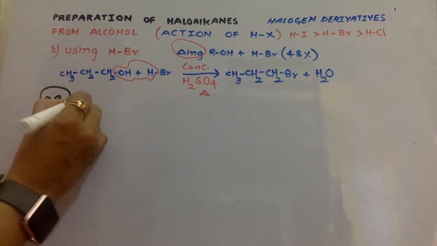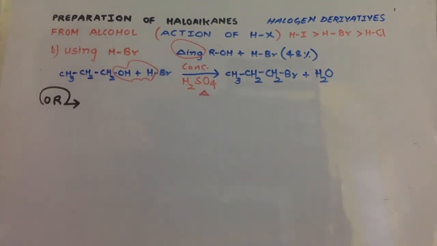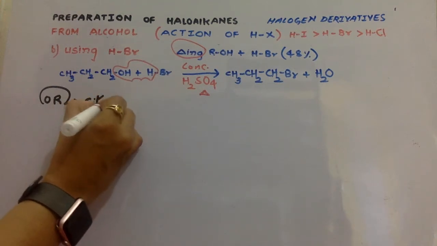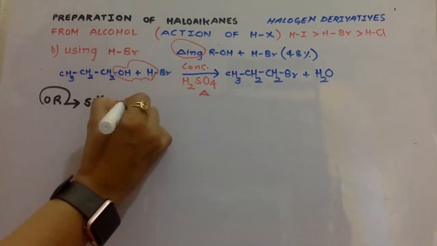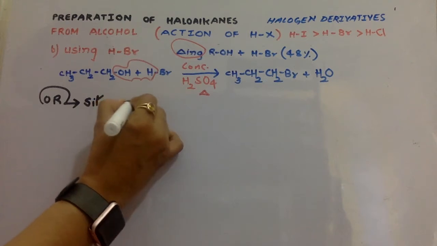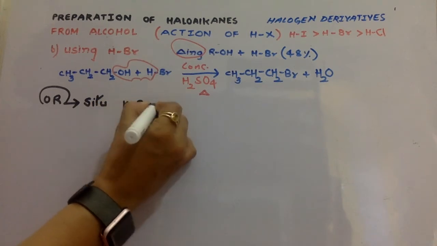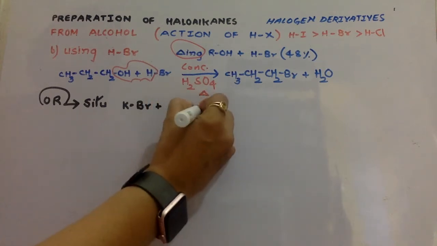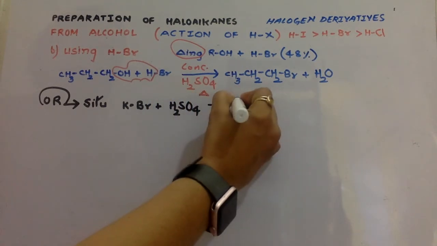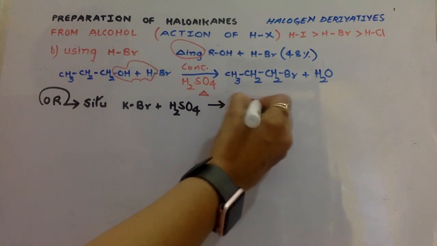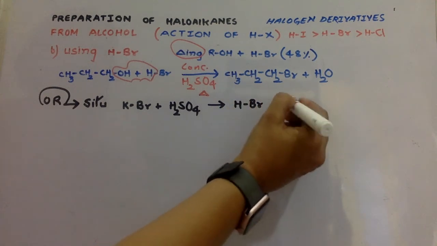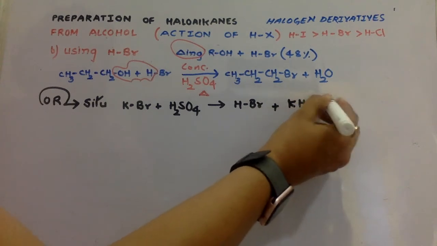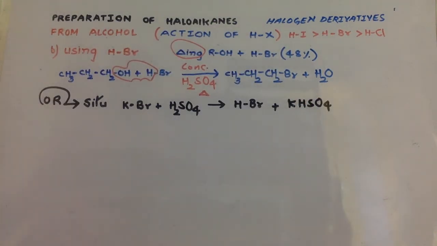I can also freshly prepare HBr in situ by treating KBr with H2SO4, which produces HBr and KHSO4.